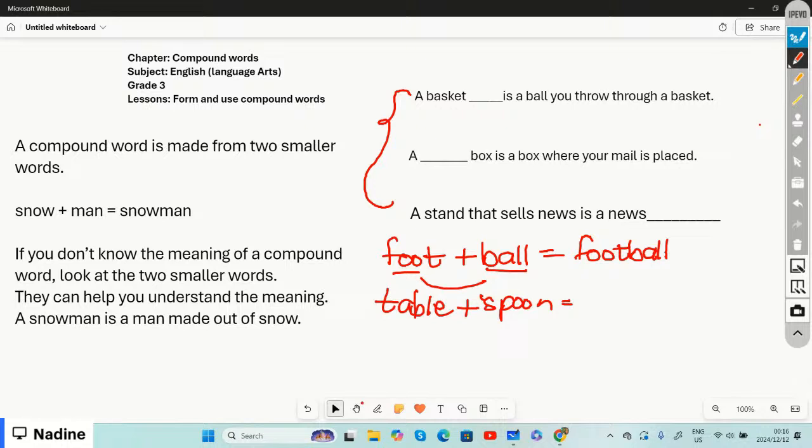Table and spoon, or table plus spoon. What does it mean? All right, and we will say table and spoon is tablespoon.